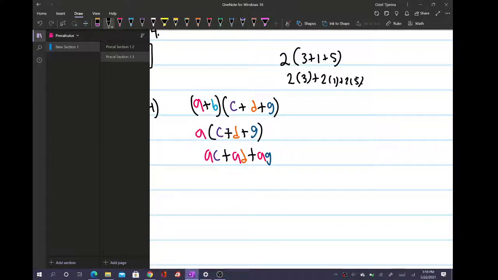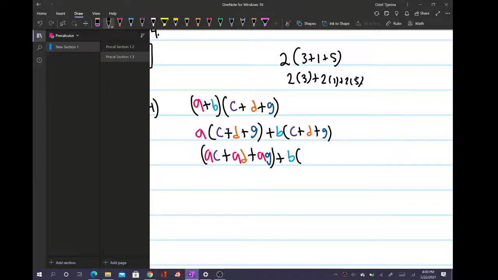But also, notice that the B is also involved here. Plus B times C plus D plus G, right?